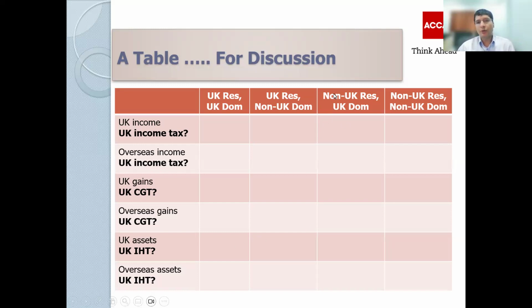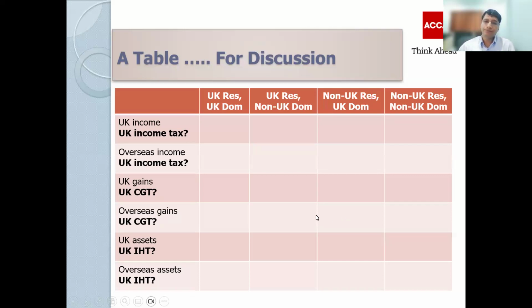Moving further, if someone is non-UK resident, then overseas gain obviously will not be liable to UK capital gains tax. If someone has not been residing in the UK and has properties outside the UK which he sold and made a gain, that gain is not going to be liable in the UK capital gains tax regime.